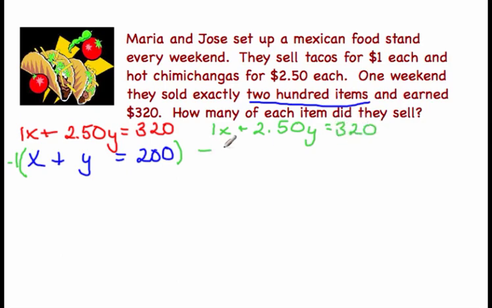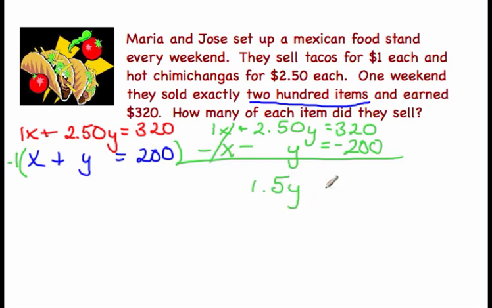The bottom equation is going to change: -x minus y equals -200. Here our x's cancel. We get 1.5y equals 120. We can divide by 1.5 to find out how many chimichangas were sold.